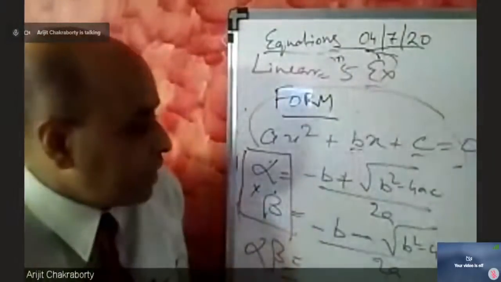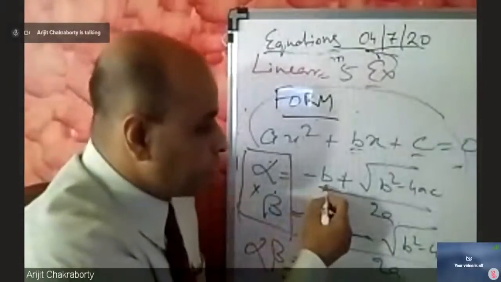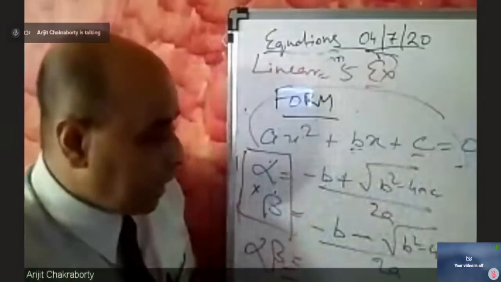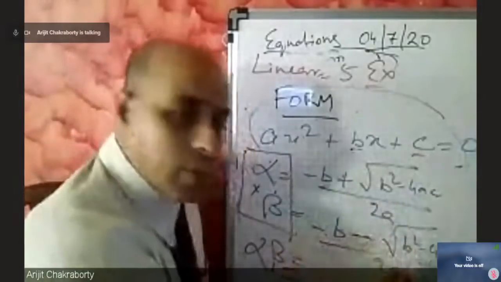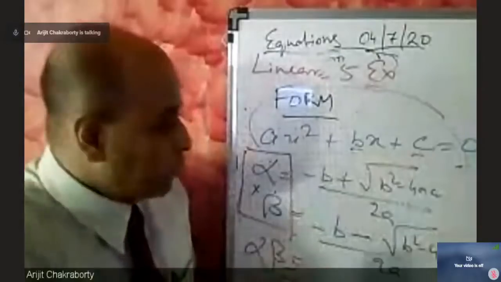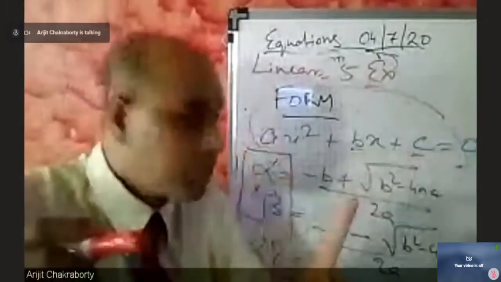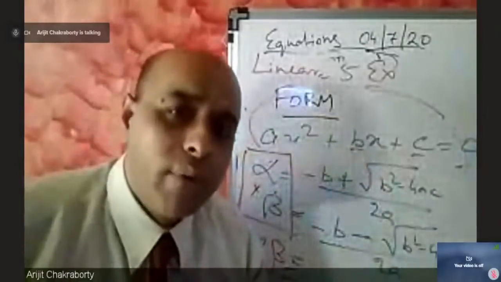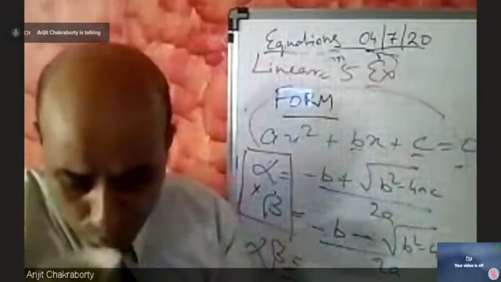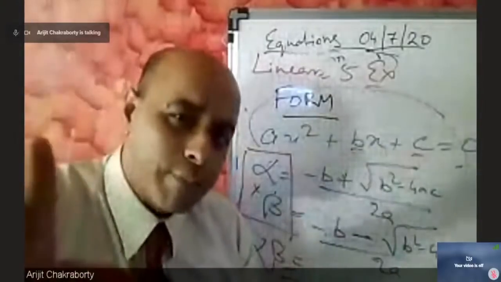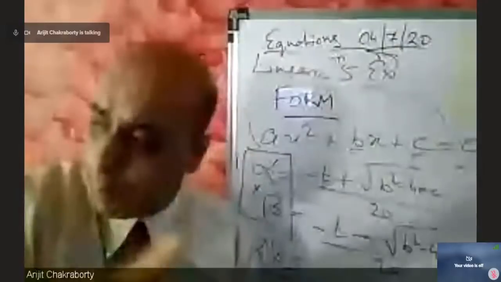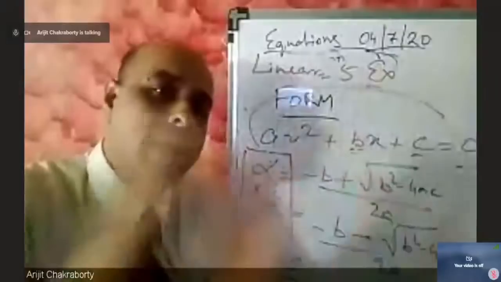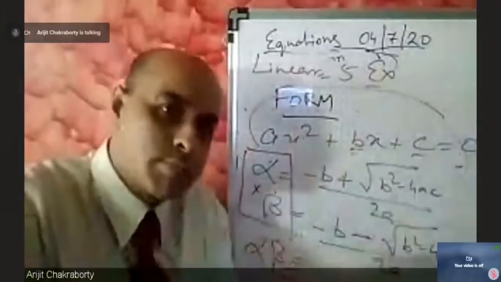So in the numerator we have minus b plus square root of b square minus 4ac, and again we have minus b minus square root of b square minus 4ac. Friends, this is of the form a plus b, a minus b. In the beginning of the session today, when I was doing a recap, I was explaining the formulas a plus b whole square, a minus b whole square, and another formula, a square minus b square equal to a plus b into a minus b.